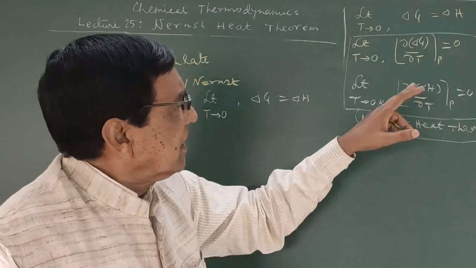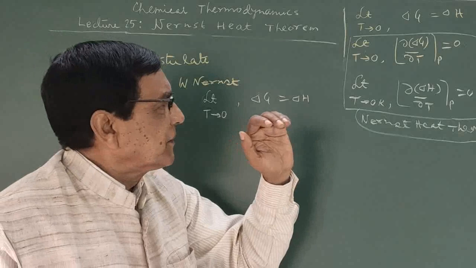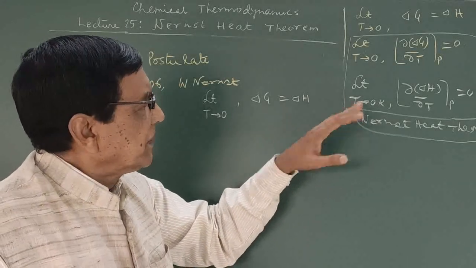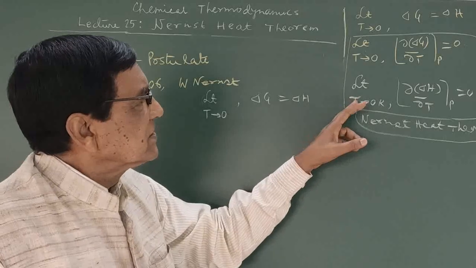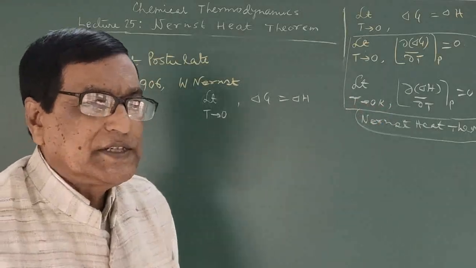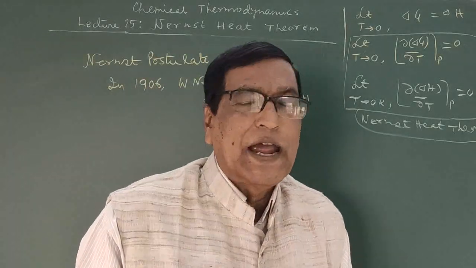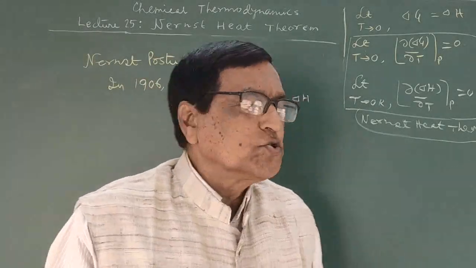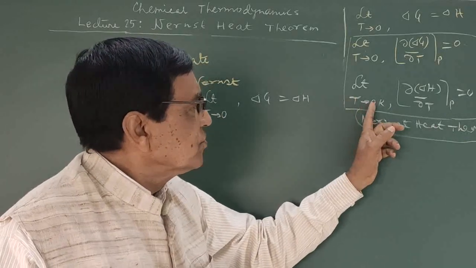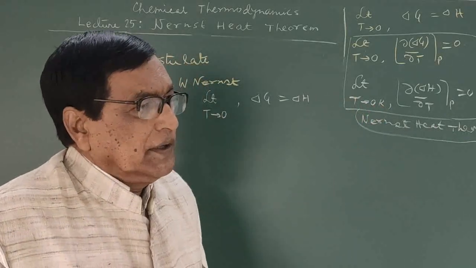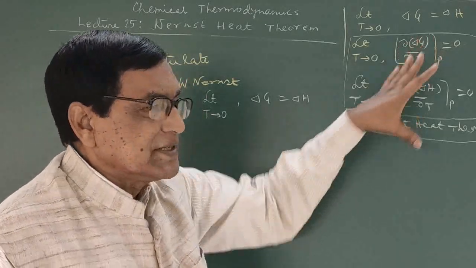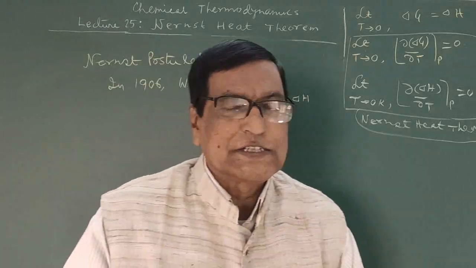Actually, I purposefully write T tends to 0 Kelvin, T not equal to 0, as 0 Kelvin is unattainable. So we continue to write T tends to 0 Kelvin, and you see these two relations are valid for the condensed phase.